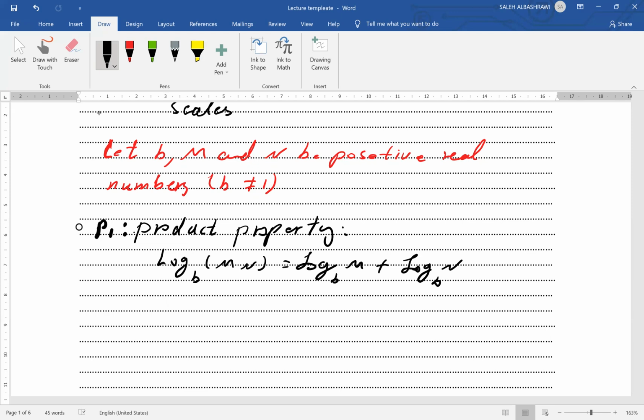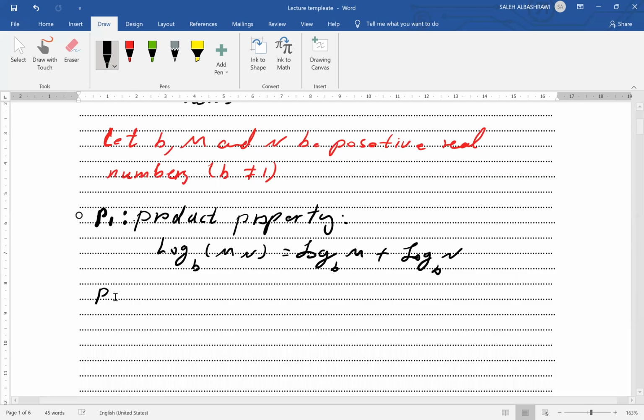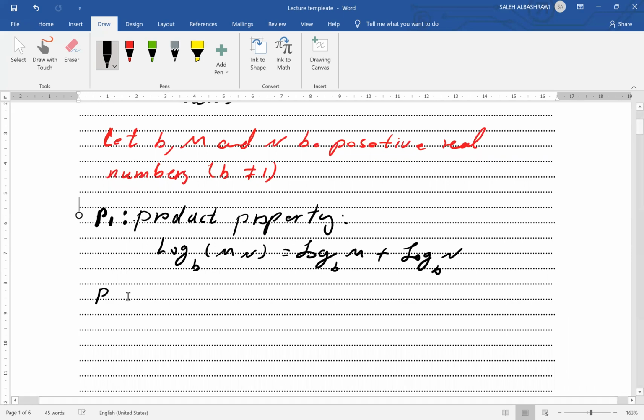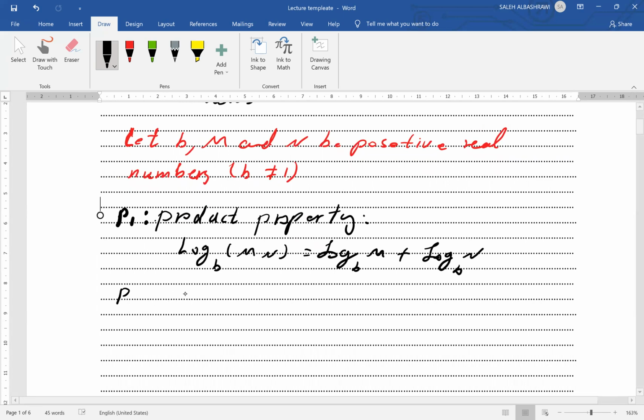The second property, b2, the quotient rule, or quotient property.